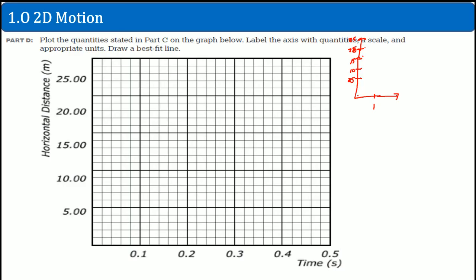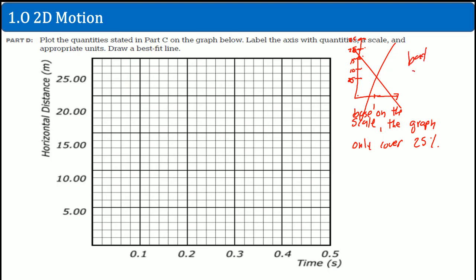Based on the scale, the graph only covers maybe 25%. This is a bad graph.